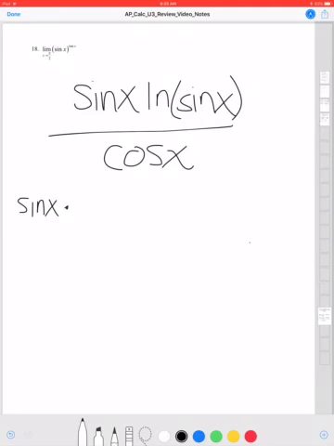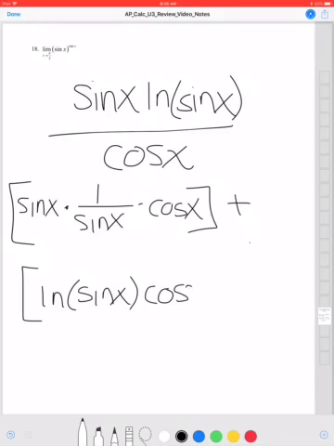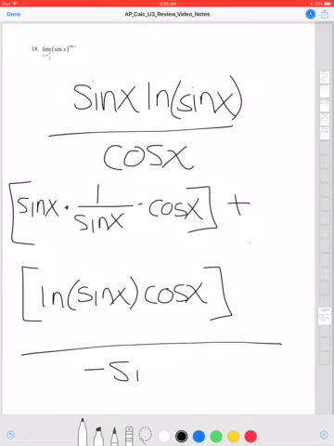So the first times the derivative of the second plus the second times the derivative of the first. Alright, so that's just the numerator. The derivative of the denominator, derivative of cosine, is negative sine.